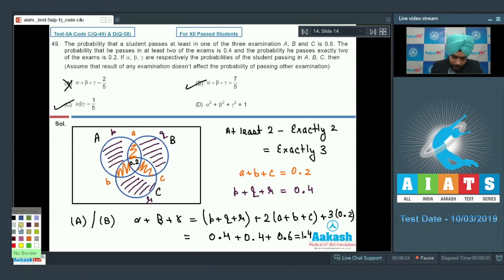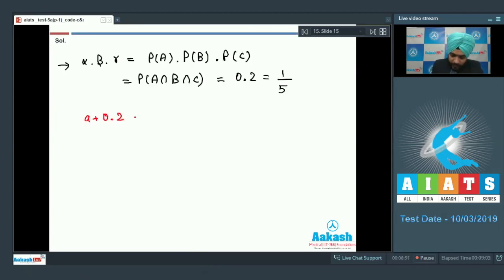We can see that here, students, the events of passing of any 2 examinations or the 3 examinations are independent of each other. So this probability of A intersection B, that is a plus 0.2, is simply alpha into beta.